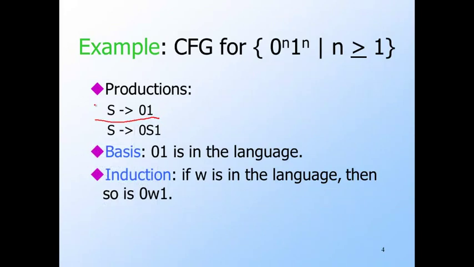It says that the string 01 is in the language of S. The second is an inductive rule. It says that if W is a string in the language of S, then 0W1 is also in the language. That rule lets us build longer and longer strings, at each step adding a 0 to the beginning and a 1 to the end, so we always have the same numbers of zeros and ones with the zeros preceding the ones.